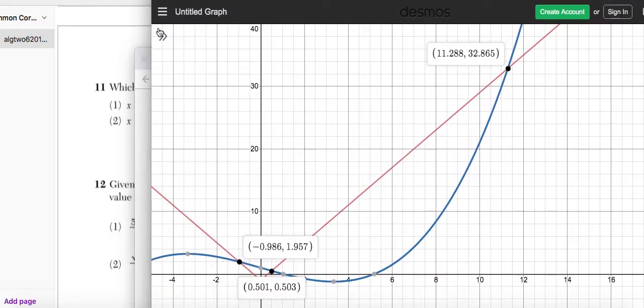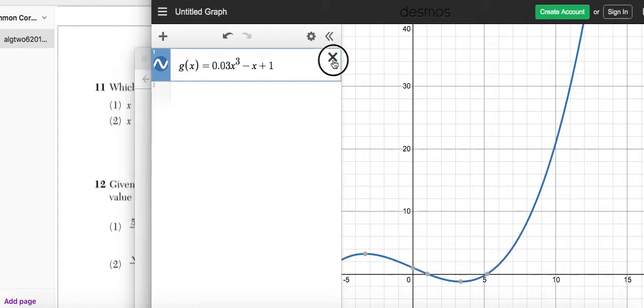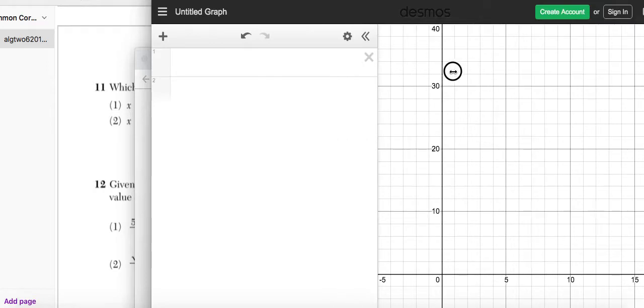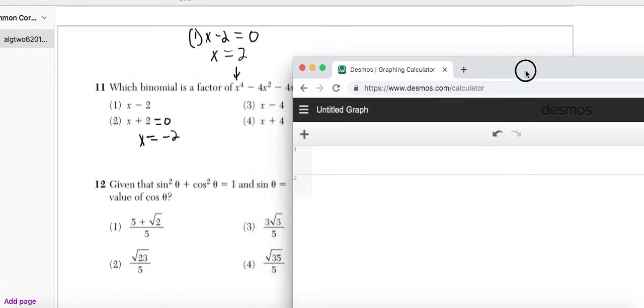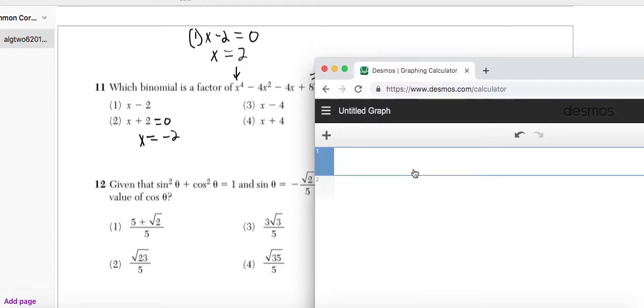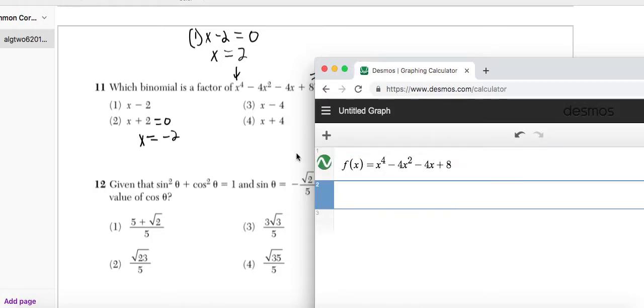What I'm going to do is make a table of values. We could have also used the graph, but that's one of the ways to do it. Let's say f of x equals x to the fourth minus 4x squared minus 4x plus 8. And let's get a table.